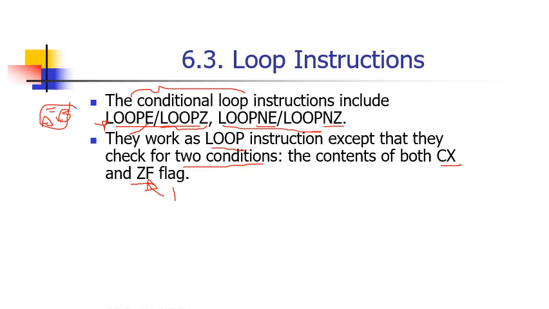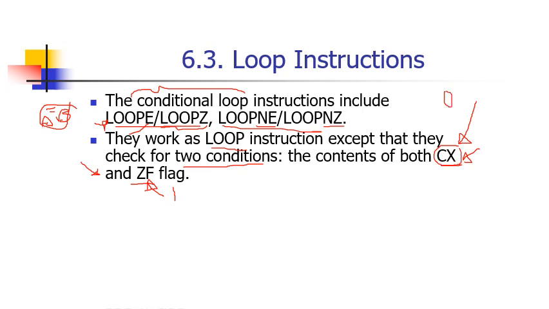If it's not set, you check your Cx. If it's not yet 0, you do looping. So you loop as long as the two numbers are equal or the number of iterations required by your code has been reached. And this is checked by the value inside your Cx.